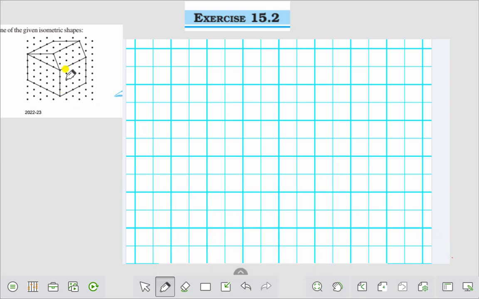This one. How many points are there? 1, 2, 3, 4, 5. This is 1, 2, 3, 4. 4 unit. That means from here we will take 4 unit.